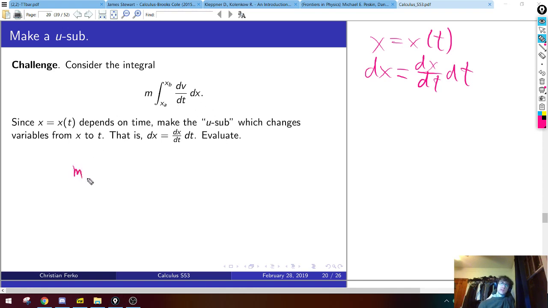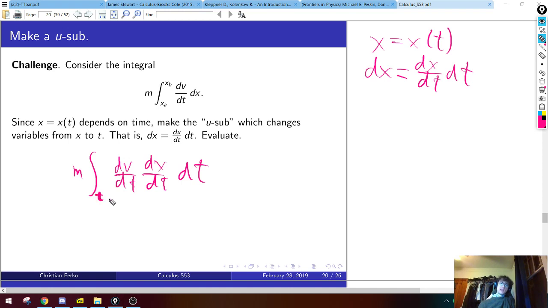Good. What does that give me? m from xa to xb of dv/dt times dx/dt dt. One thing is the bounds are going to change. It's no longer from xa to xb, because now we're integrating with respect to t. I haven't told you what the endpoint should be. x of a and x of b, I guess?